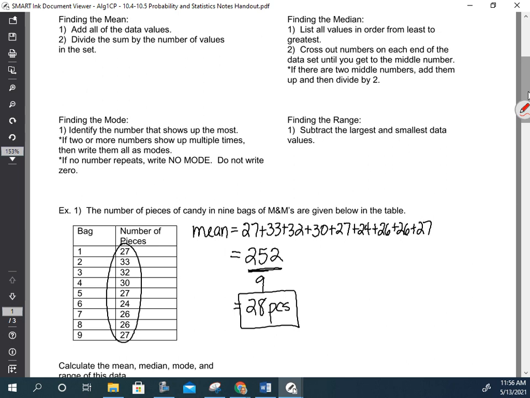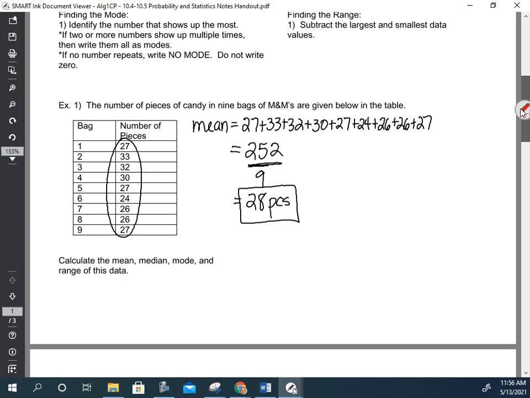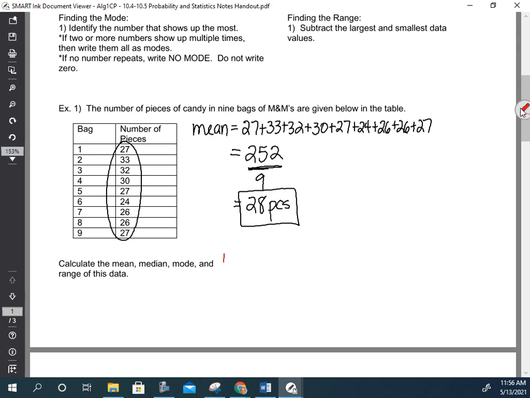So, median. List all the values in order from least to greatest. So we do put all the numbers in order from least to greatest. For median, always start by putting the numbers in order from least to greatest.